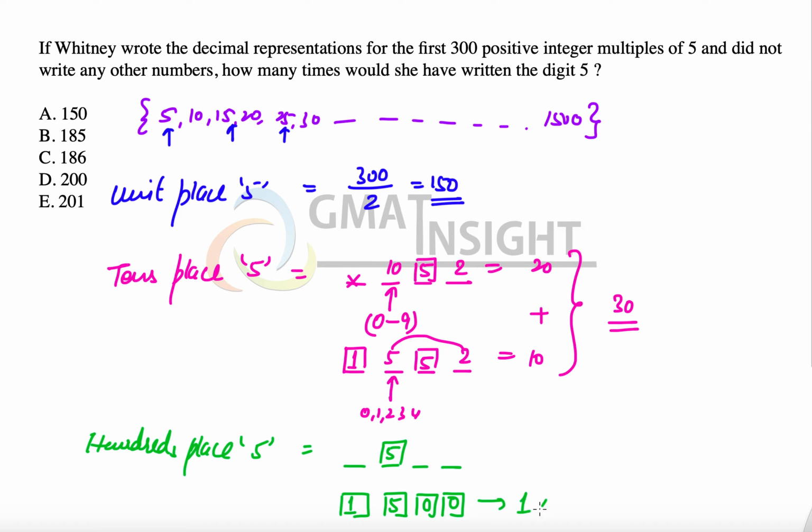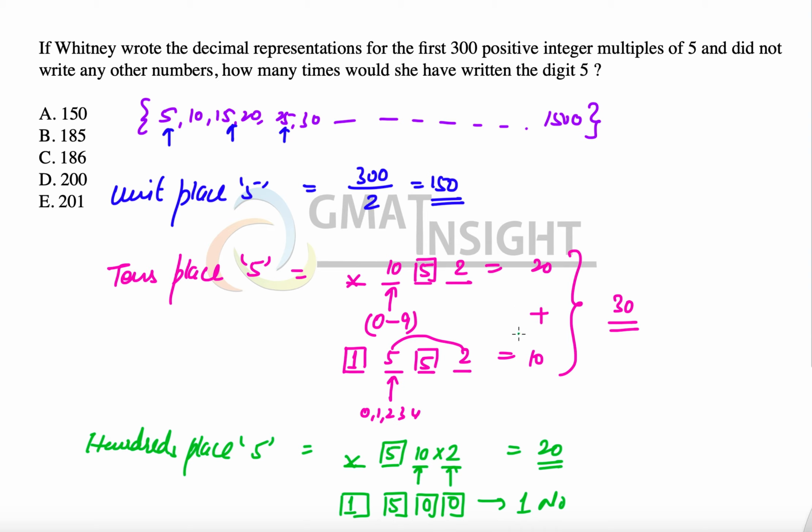But now let's count all the 3-digit numbers that can be made using 5 at the hundreds place. The unit place can be filled in only two ways, either 0 or 5, but the tens place can be filled by all the digits from 0 to 9, so there are 10 ways to fill this place. That means we will have 20 numbers like this.